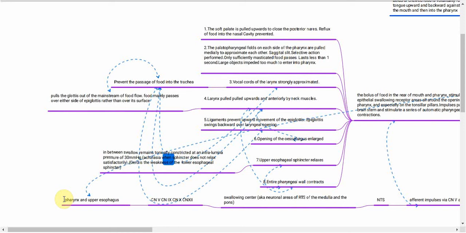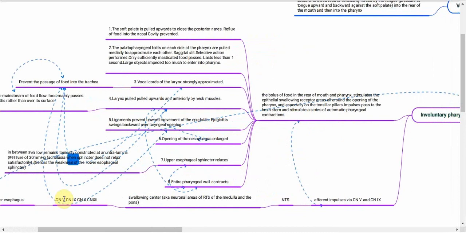So I'm hoping I'm really explaining this well, because this is a bit complicated to understand, right? So this is the reflex part of how the involuntary stage is initiated.